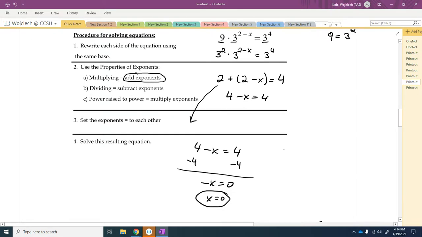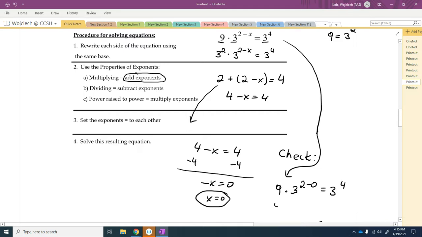Actually, let's take a minute and check our work. To check our work, I will substitute 0 for x. So you get 9 times 3 to the 2 minus 0 is equal to 3 to the fourth. 2 minus 0 is 2, so 9 times 3 to the second is equal to 3 to the fourth.